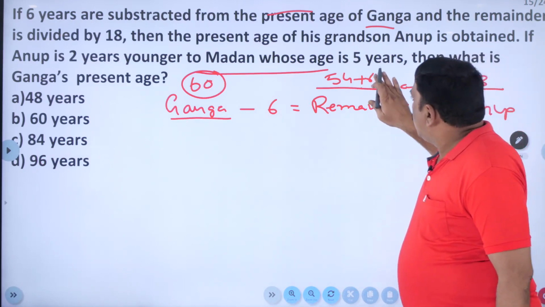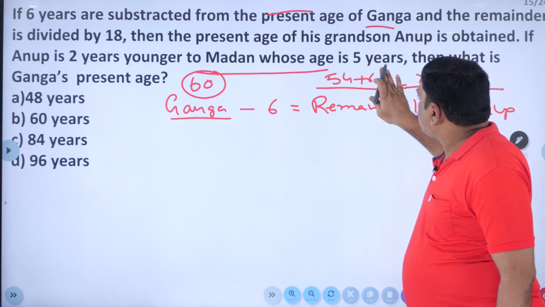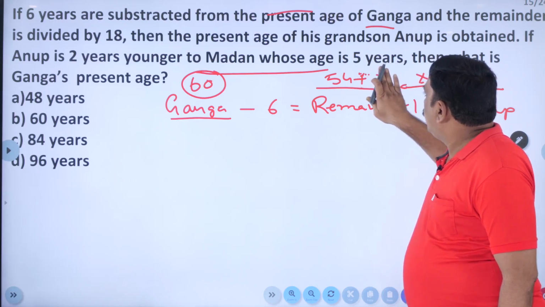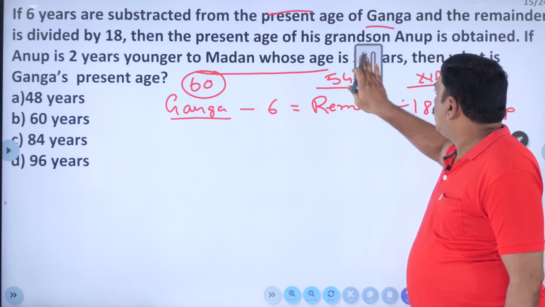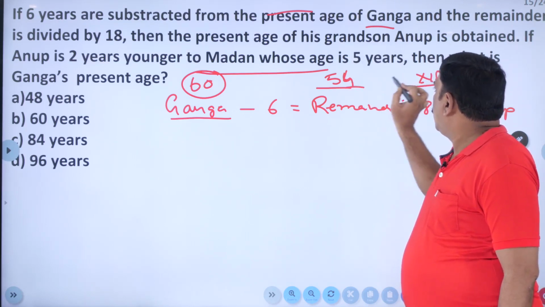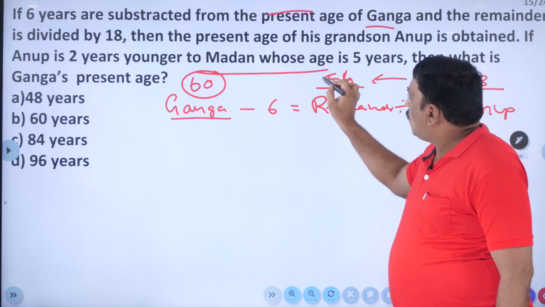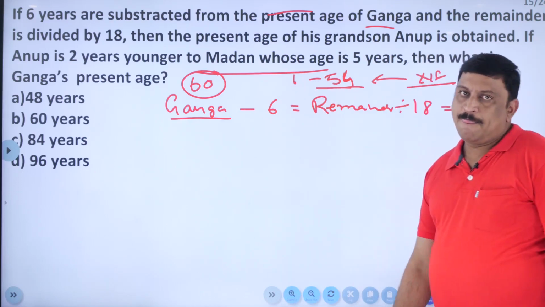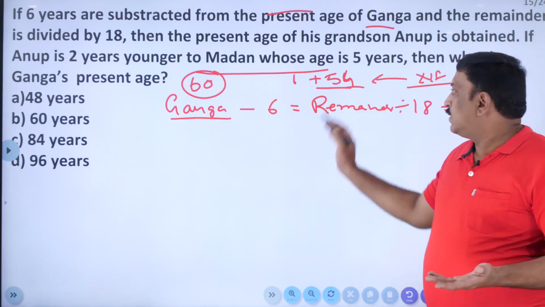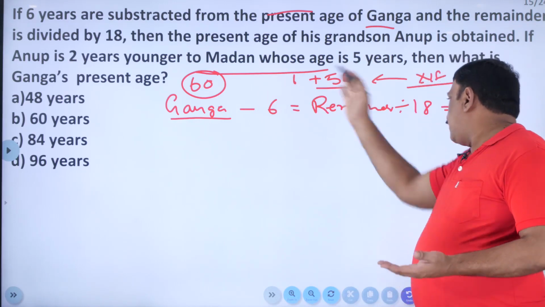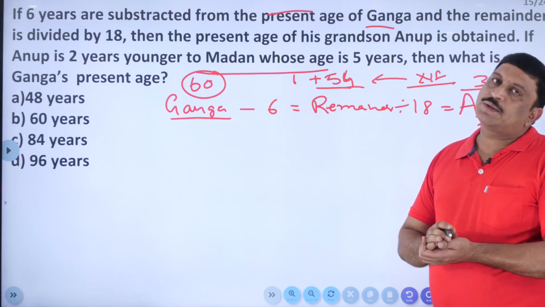Right? So here, 54, I wrote here 54 plus 6. Since it is minus 6 going forward, if you convert it here, it becomes plus 6, no?